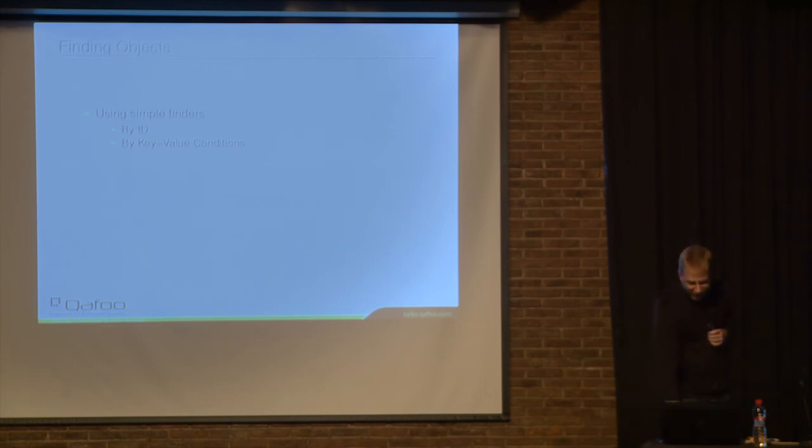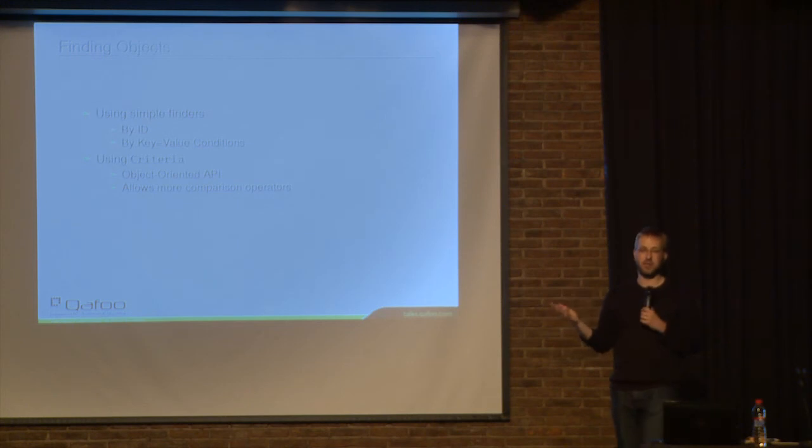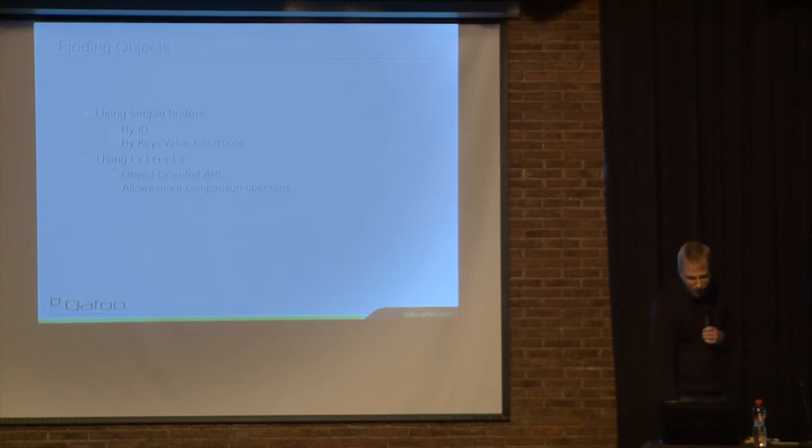The next API that allows to do this is the criteria API, which allows you to add more complex comparisons, not just the equal comparison, but also like bigger, smaller, or something like this. But this is not enough in most cases as well.